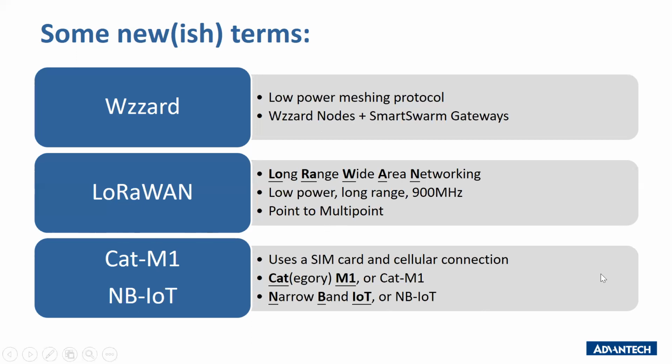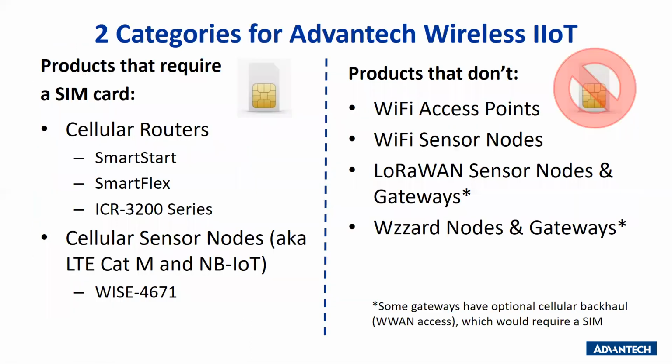Then you'll see me refer to Cat M or Category M1 and narrowband IoT. These are cellular technologies that require a SIM card, and they are also low power, low bandwidth IoT options.